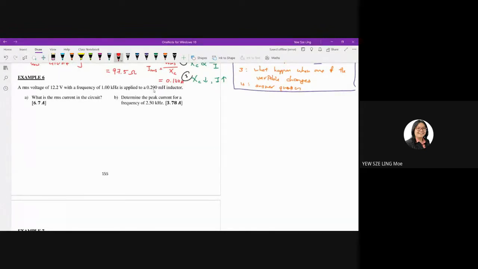So this is your inductance L, this is the frequency and this is the VRMS. If you look at this question, example 6, we have just one component, meaning that example 6 is a pure L circuit.